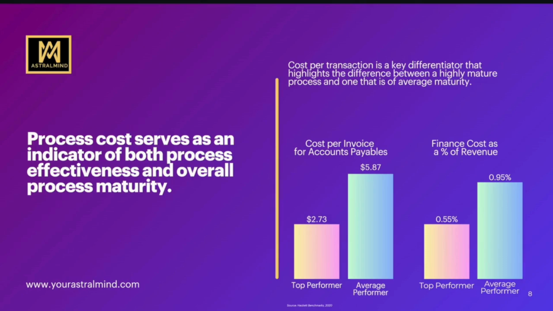Process cost is a very strategic indicator for both process effectiveness and overall process maturity. In a very practical sense, there can be huge differentiation between a good performing company and an average performing company in terms of the cost per transaction metric. But there is no visibility most of the time around these metrics because we deal with overheads.